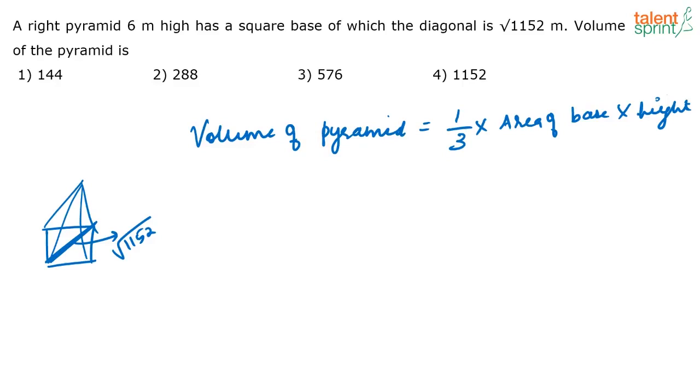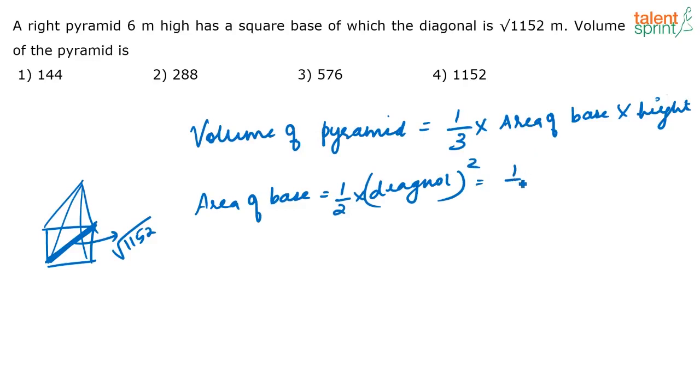So see, what is the area of the base? Here I know what the diagonal is. What is the area of this square? Area of the base is nothing but the area of the square. If you are finding the area of a square in terms of diagonal, it is half into diagonal squared.